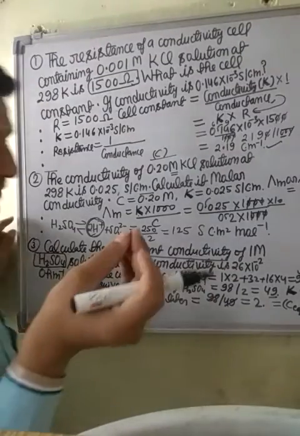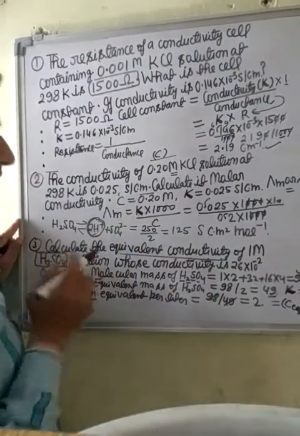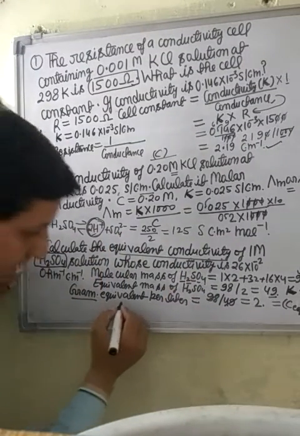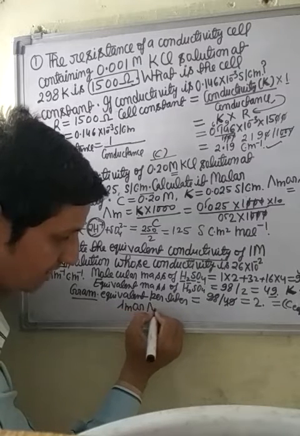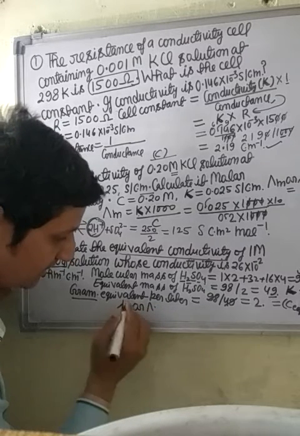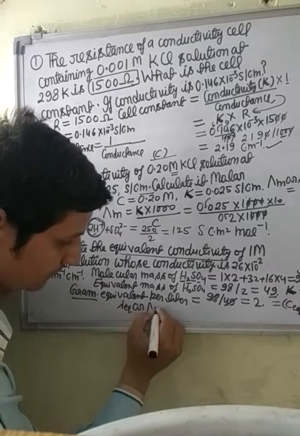I have told you in my previous videos the formula of equivalent conductivity, lambda m, or we can write lambda also in this way. Equivalent, here we have to use EQ.